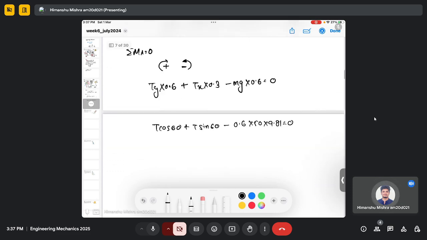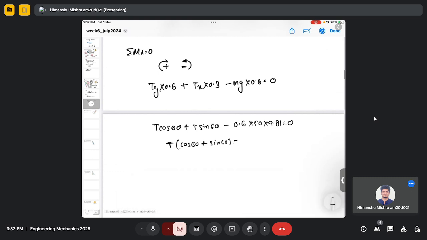I can take T as common, so it will be T (cos 60 plus sin 60) equals 294.3.